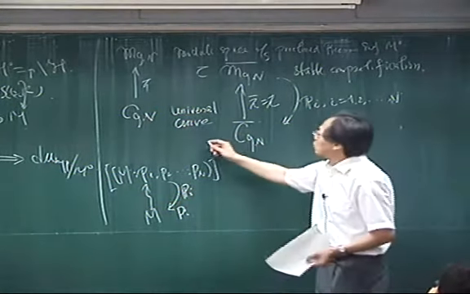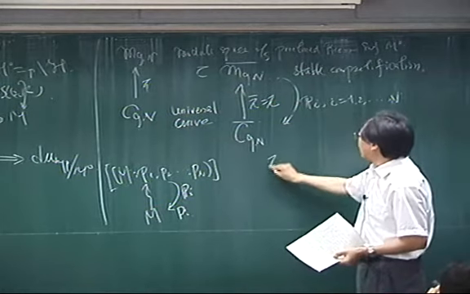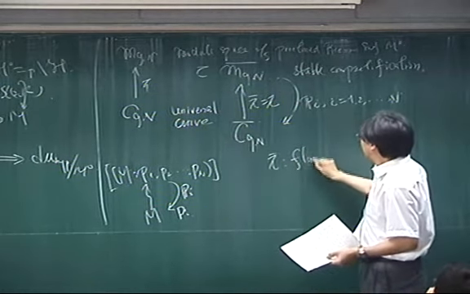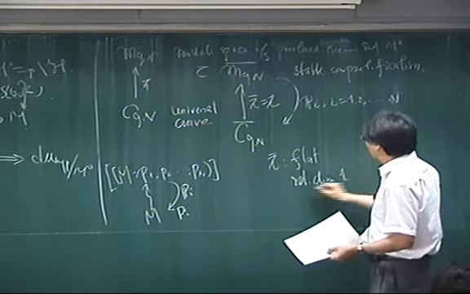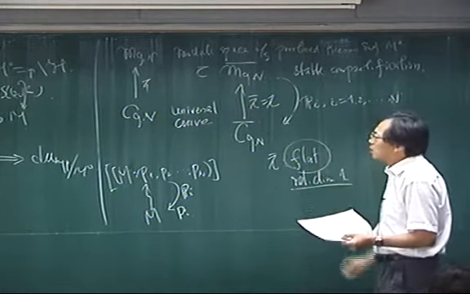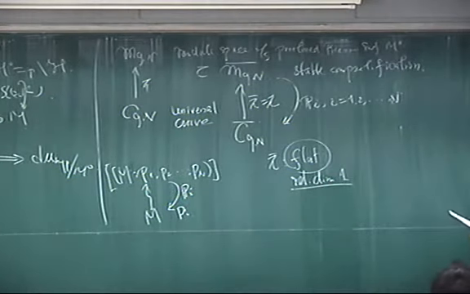And one of the properties we need to use is that pi bar actually is flat. Of course, it's of relative dimension 1. And this flatness is going to be useful when we define the so-called linear pairing.